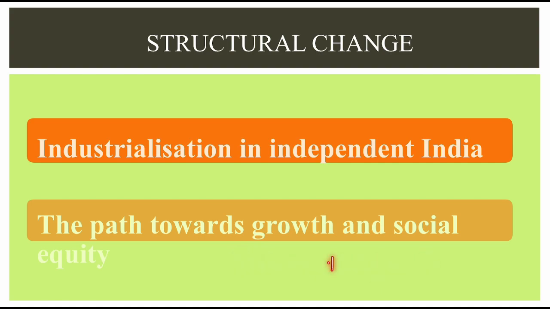Well, rapid industrialization of the economy as the path towards growth and social equity, brought through three things. That is, one, through the setting up of heavy industries, two, through the expansion of the public sector, and number three, through the increased role of the cooperative sector.